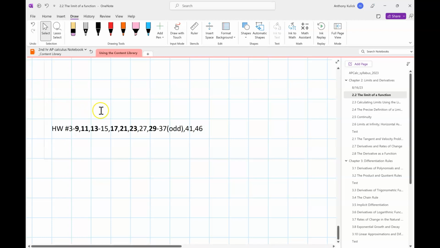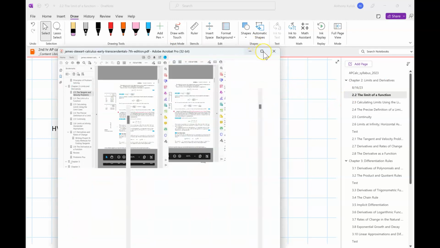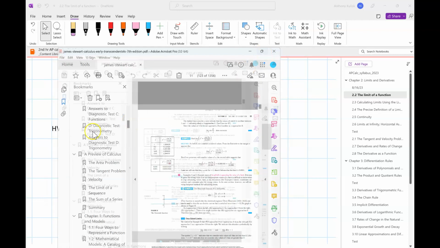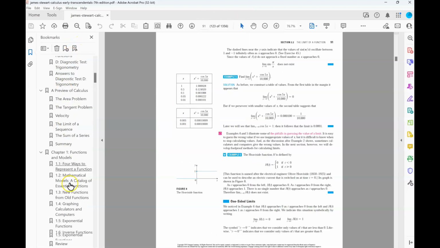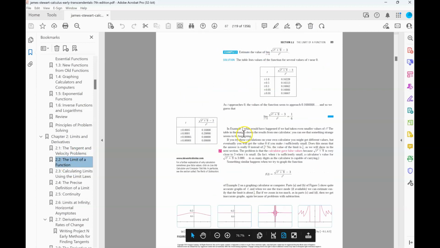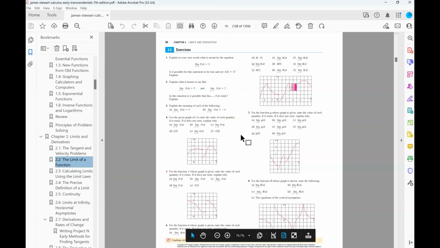So the easiest way to do that is if you're opening up the digital textbook, the PDF. It has the table of contents built in if you open the bookmarks. And you can just go to 2.2 and then scroll to the end.